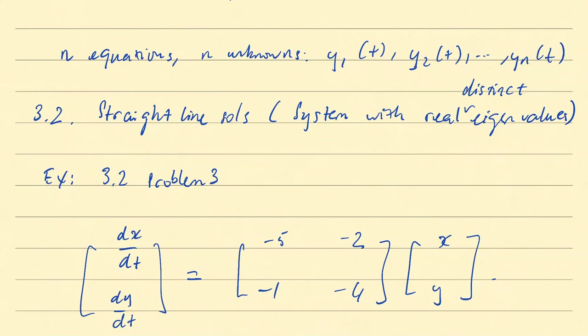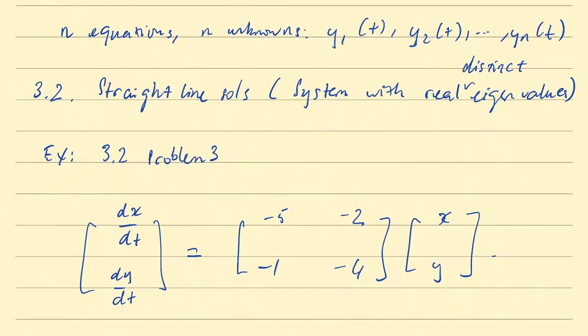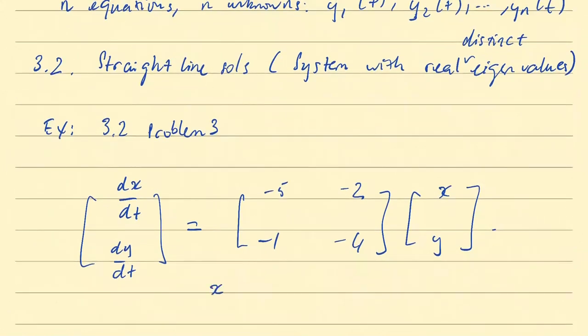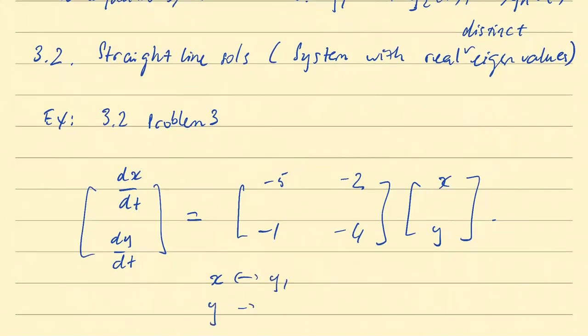To match it with my notation, the x here is what I call y1, and the y here is what I call y2, without the vector. They are also what I refer to as the unknowns, unknown functions.